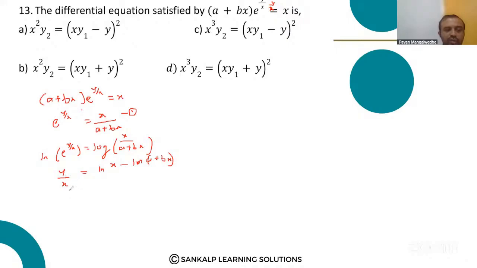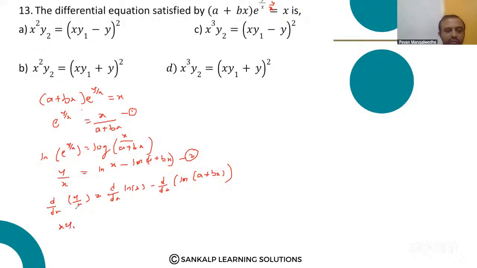So first, differentiate the equation 2, you can treat this as equation 2, with respect to x. What we will use is d by dx of y by x equals d by dx of log of x minus d by dx of log of a plus bx.